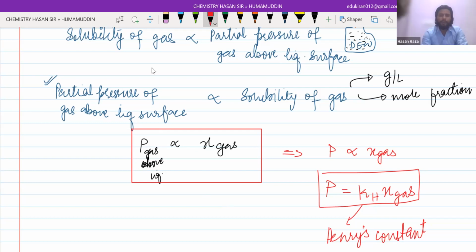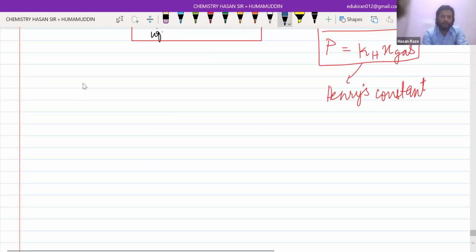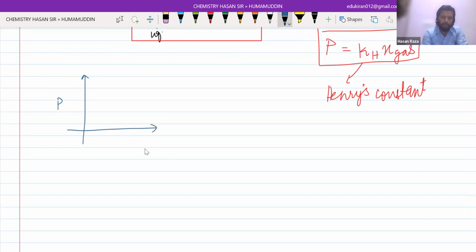Now, if I give you a task to plot a graph with the help of this equation between partial pressure and mole fraction of gas in liquid, where P stands for partial pressure, can anyone do that?